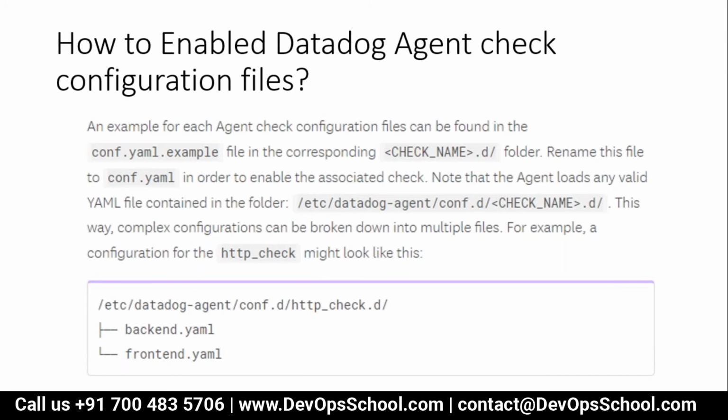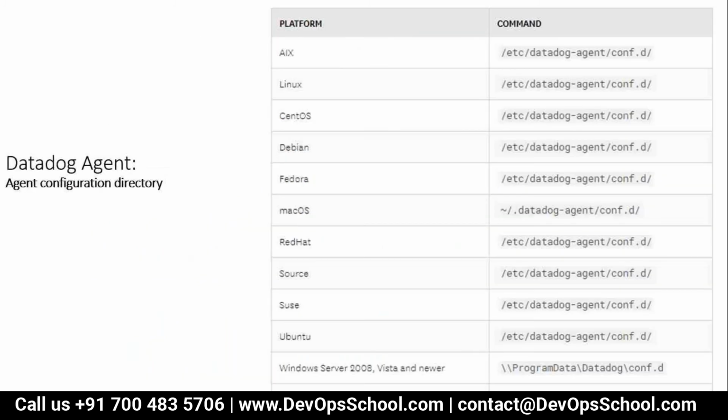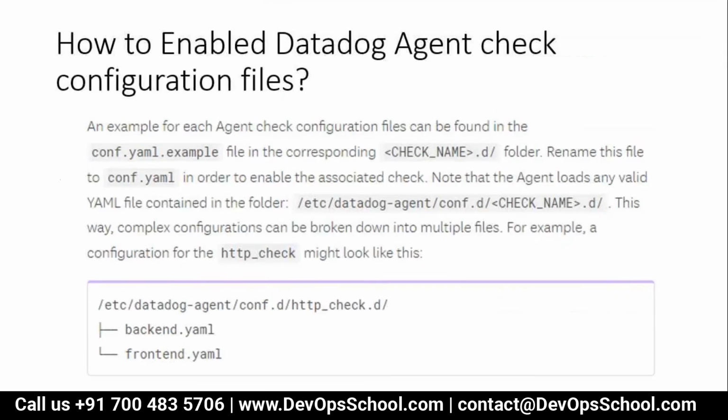Now, if you want to enable a Datadog agent check configuration file, let's say some integration, let's say Apache you want to enable. So how do you enable that? This is just the idea. Remember, all the integration configuration files are located in the conf.d. So if you want to enable or disable any integrations, you have to make the changes inside the conf.d in their proper integration. For example, HTTP check is for HTTP, like that.